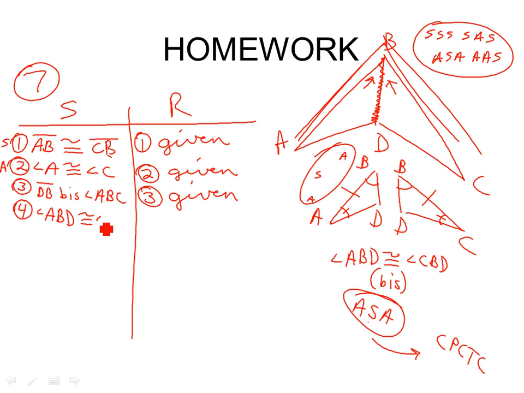How do we know that? When something bisects an angle, it splits it into two congruent angles. If an angle is bisected, then it is split into two congruent angles.